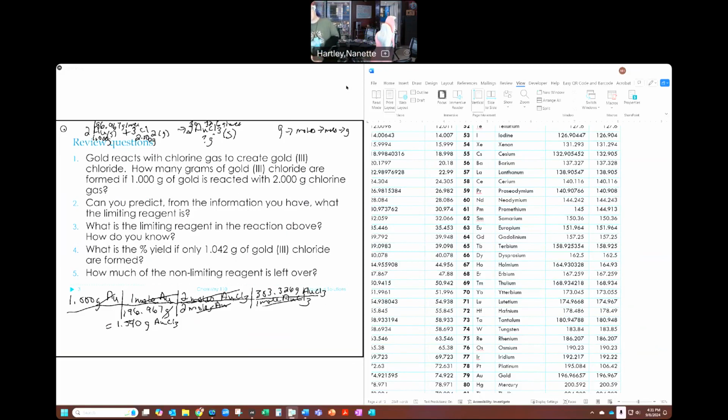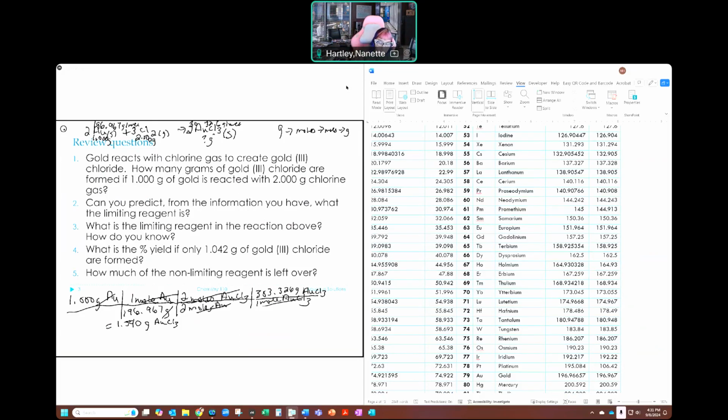I can guess all I want. I could say that I think it's going to be the gold, or the chlorine, but I have no way of knowing which way it's going to be. Could be either. The only way I'm going to know for sure is if I calculate it both ways, because it could be either reagent.